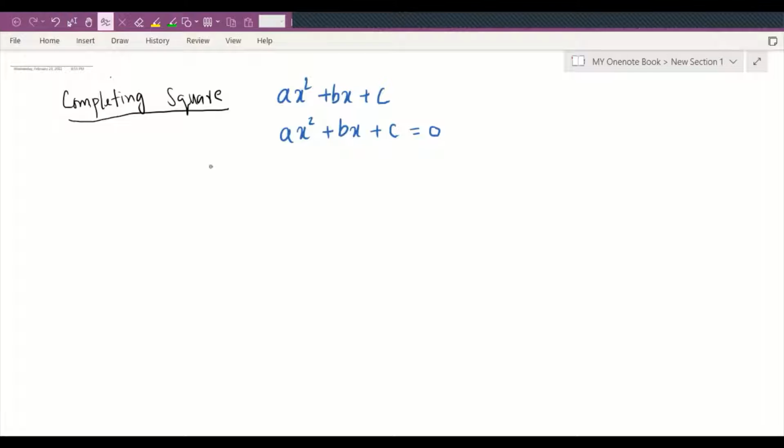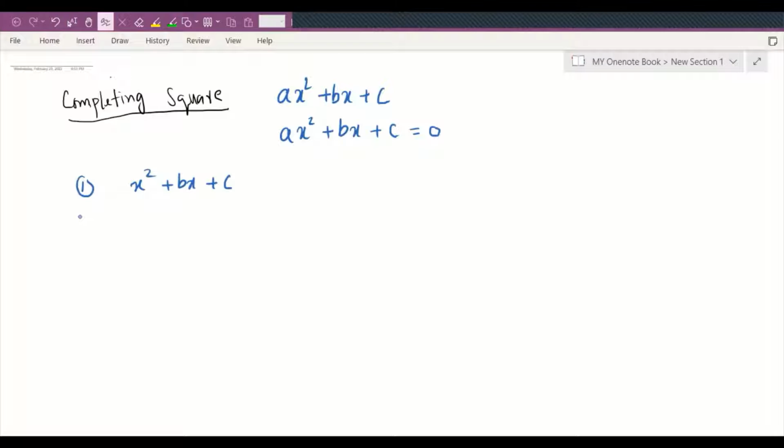As I said, there are two cases when we change into completed square form. The first case is where the coefficient of x squared, a, is 1. That means our expression will be x squared plus bx plus c.